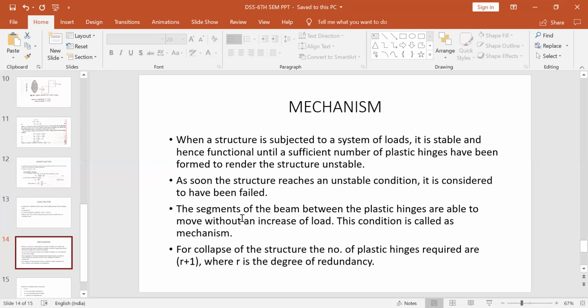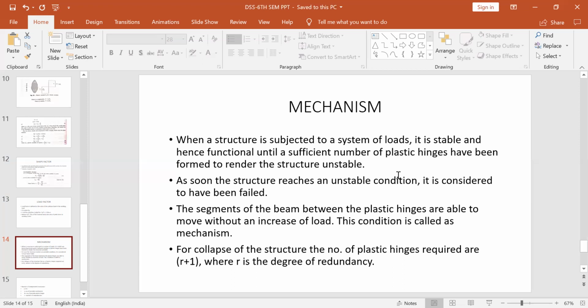Now the segments of the beam between the plastic hinges are able to move without increase of load. That means the section between two plastic hinges. Suppose a fixed beam is there, fixed at both ends, and you are applying a load at the mid span of the beam.